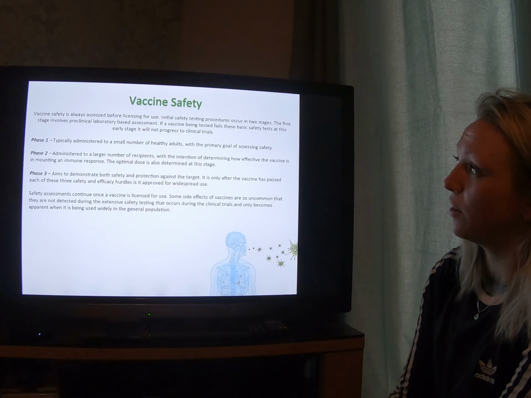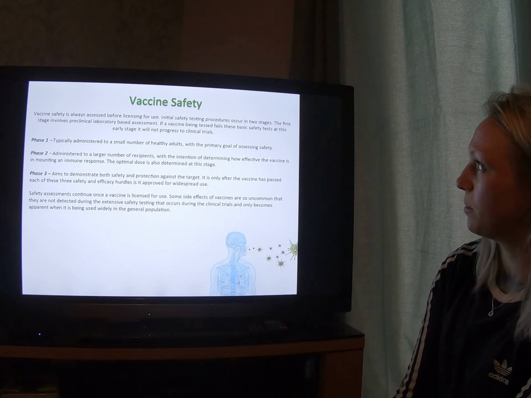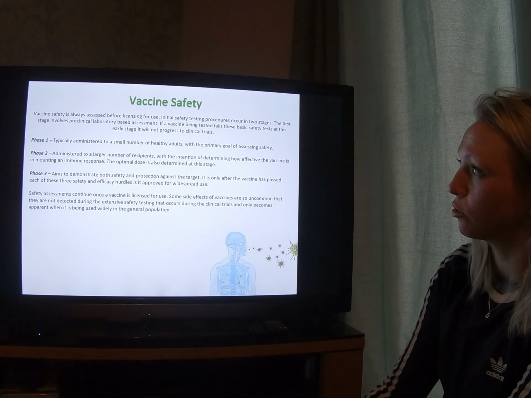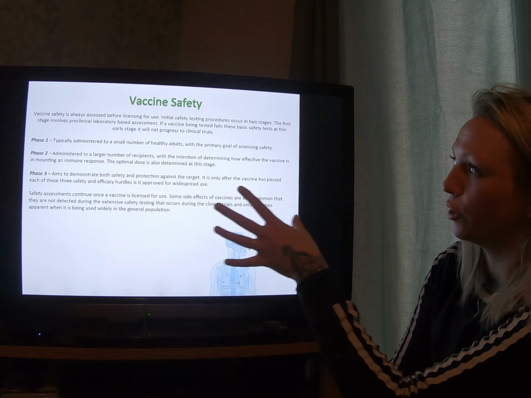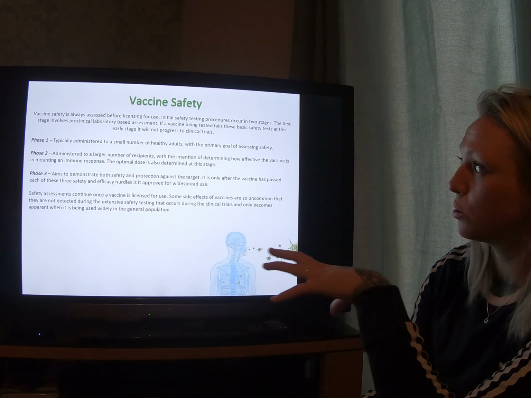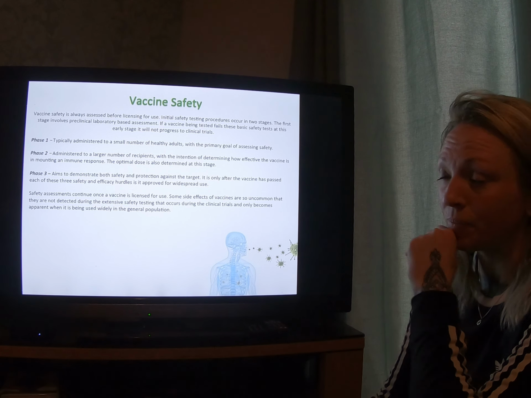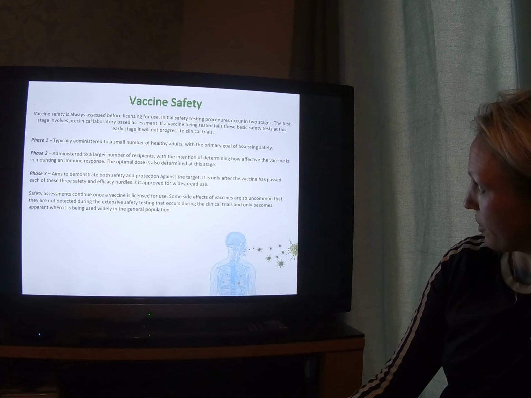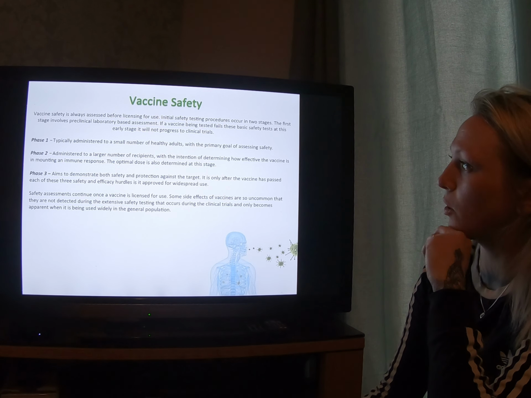Vaccine safety. Vaccines go through a process. If a vaccine being tested fails the basic safety test, it won't go on to clinical trials. But the clinical trials happen in 3 different phases. Phase 1 is administered to a small number of healthy adults. The primary goal of this is assessing safety. Phase 2 is administered to a larger number of recipients, with the intention of determining how effective the vaccine is in mounting an immune response.